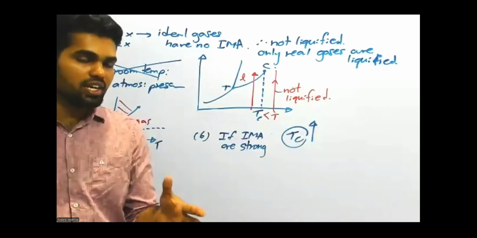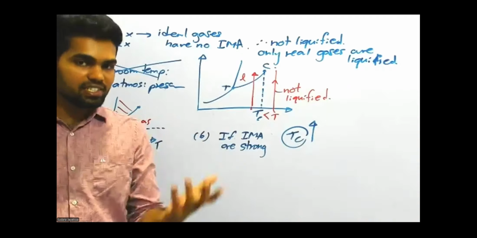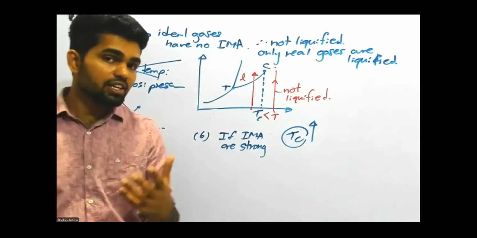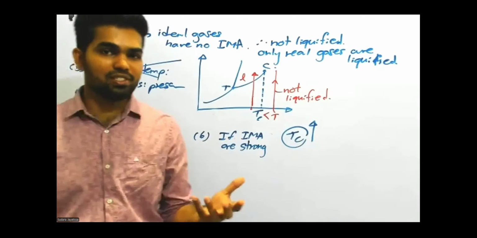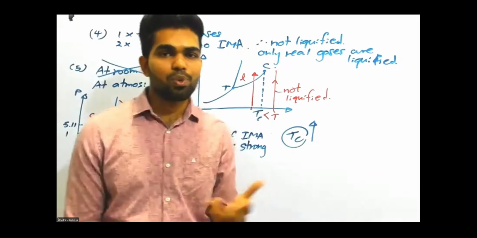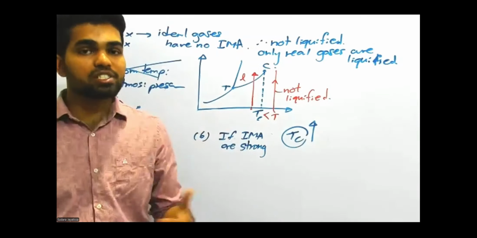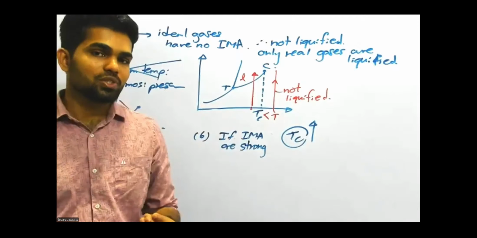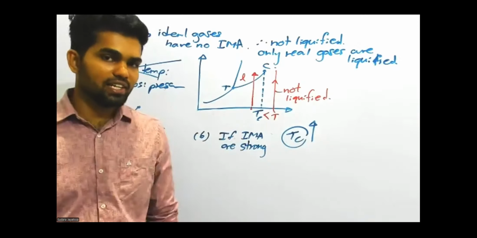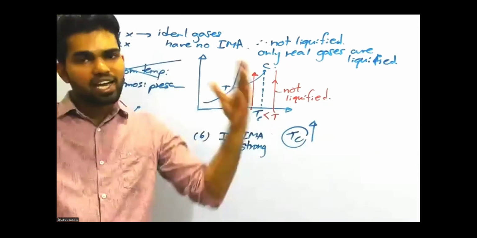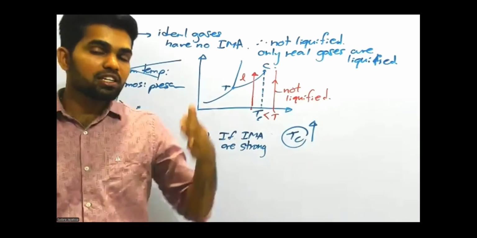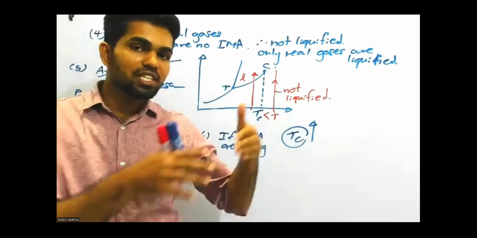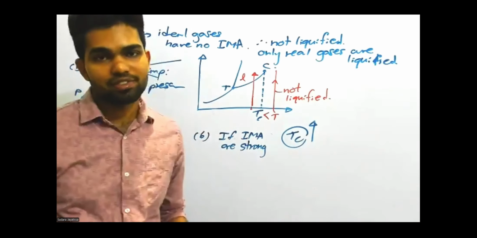So here ammonia is the one with better interactions. Ammonia has hydrogen bonds, but N2 gas has just London forces only. Ammonia has hydrogen bonds, London forces, everything. So that means good intermolecular attraction. So if you get an ammonia gas sample, even at a higher temperature, you can compress that sample and convert that gas into a liquid.